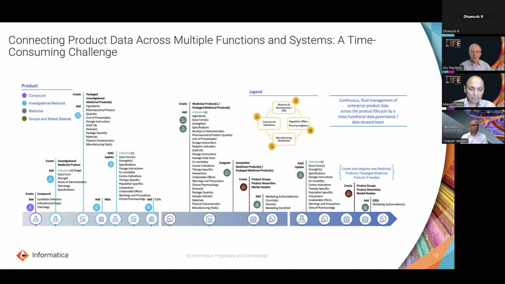As we mentioned, it could be different functions, different regions, different systems, and so forth. So if you look at a particular drug, it might be the life cycle of the drug. It starts in the area of basic research and discovery. That's where the scientists do all the discoveries, and they have some systems that are designed for those.